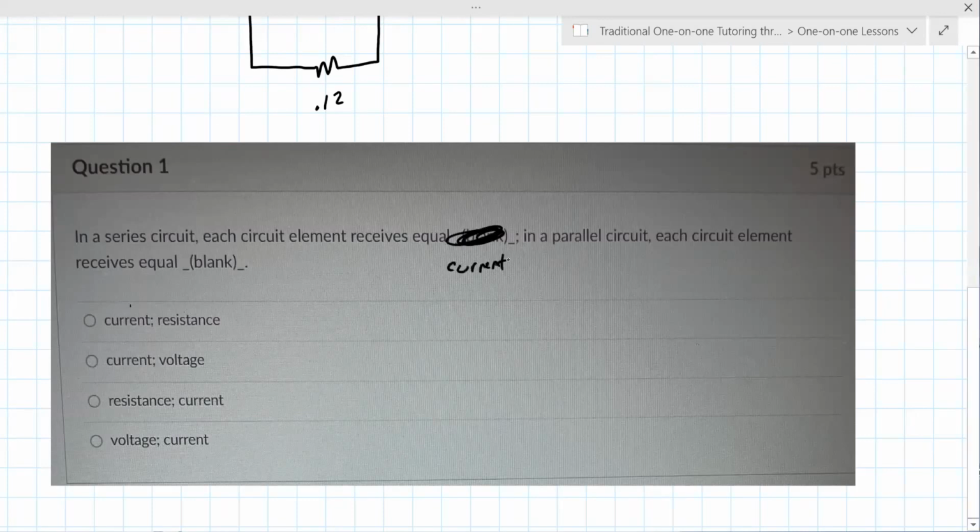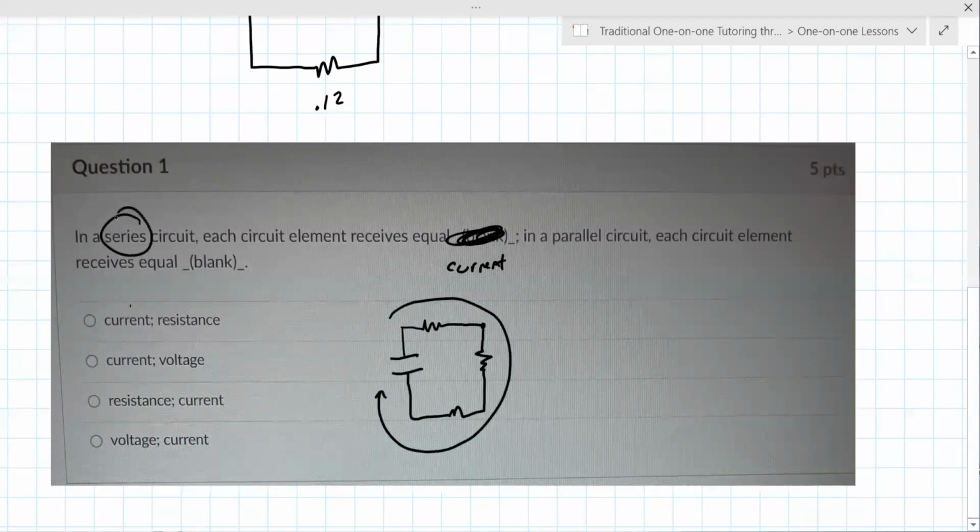It's current in a series circuit, and that's what we were just showing. Series means that there are no what are called branches. Like there's only one path that you can take. That's what a series circuit is. In a parallel circuit, there are multiple branches, so you can branch. This would be considered a parallel circuit.